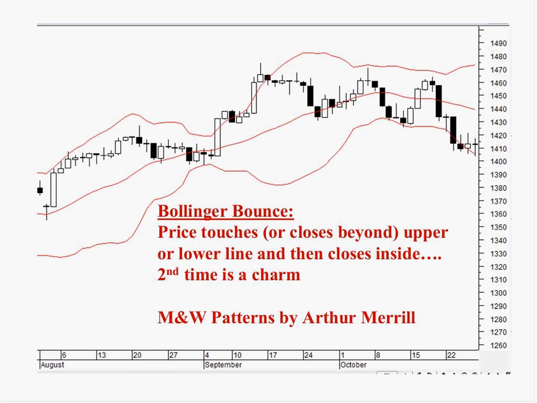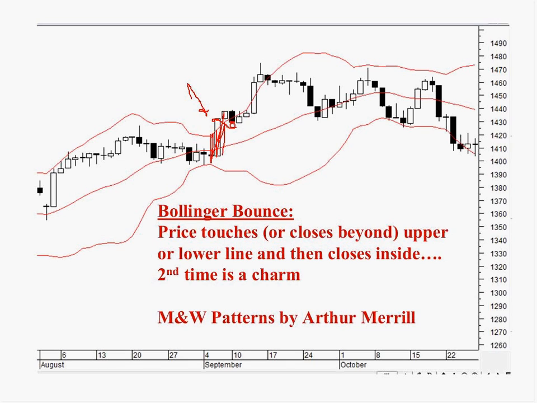Also, John Bollinger came out with the idea that Bollinger Band width can be very important in determining which of these signals you want to take. Example: here the bands are fairly narrow and we have a close outside the band, then a close inside the band. Is that a good Bollinger Band bounce? Given that it all happened when these were narrow and expanding, probably not.